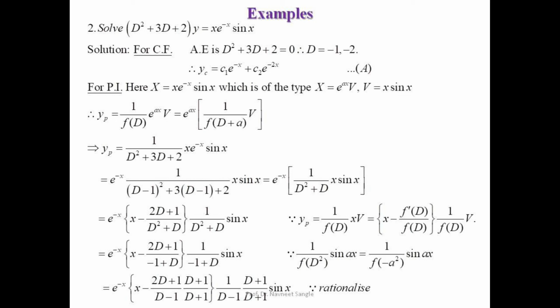That's why for the bracket term and the outside bracket term we rationalize. That means the denominator term in the bracket is D minus 1, and after the bracket also a D minus 1 term is there. That's why we multiply and divide by D plus 1 to the inside bracket term and the outside bracket term. Then once again the same step is there.